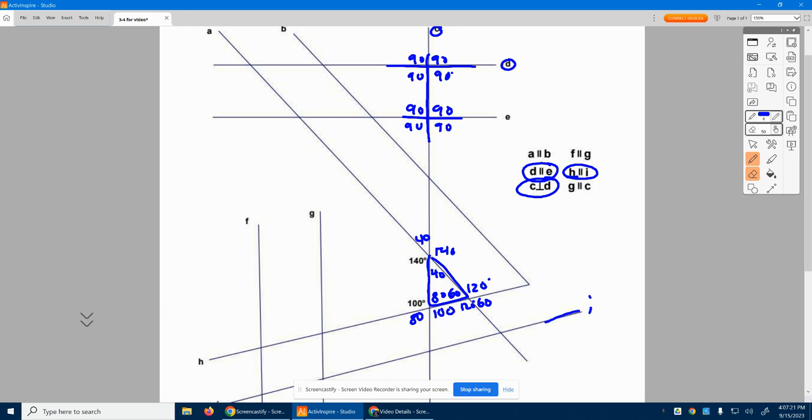It's off the page. But if these are parallel, I can take all of these right here and slide them down right here to 100, 80, 100, and 80. And I can slide all these down to here, 60, 120, because again, transversal crosses the parallel line here and then down here.